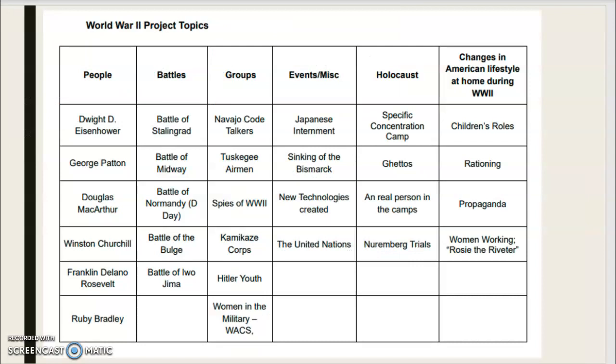You can choose any of these projects or any of these topics, and you're just going to choose one topic to do the whole presentation on. So if you want to do yours on Japanese internment, then your full project would be on Japanese internment camps. If you want to do your full project on kamikazes, then your full project would be on kamikazes. Some of these we have talked about in class and some we haven't.